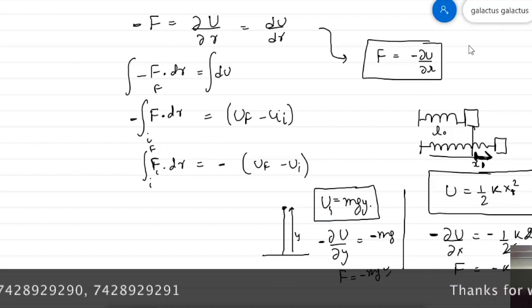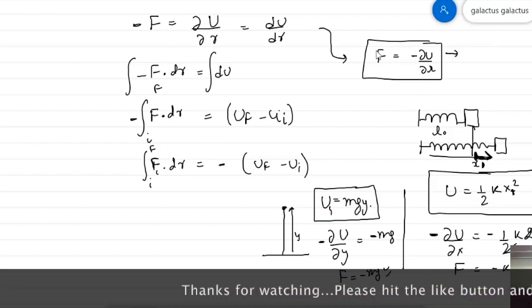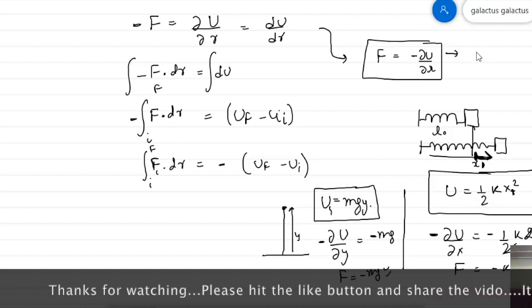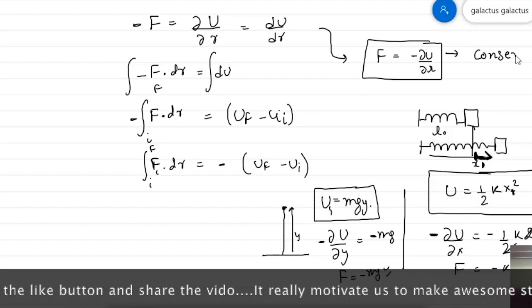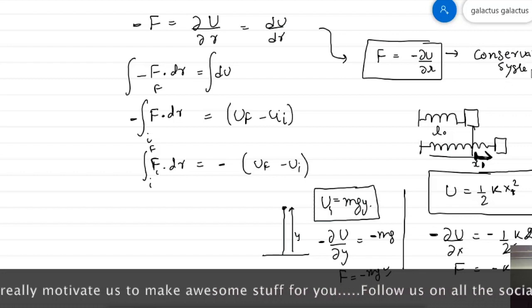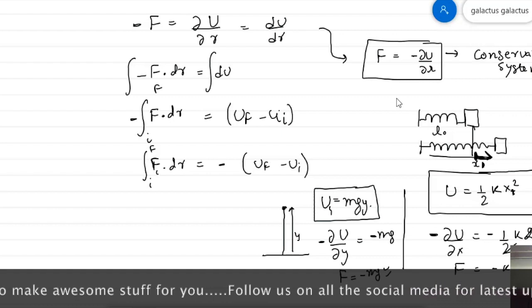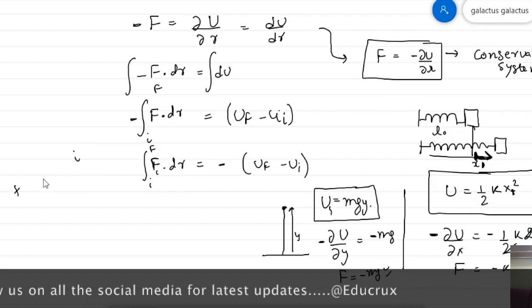So you have to just remember that this formula, F is equal to minus dU by dr, is only valid for a conservative system, and the system is said to be conservative if the work done only depends on the final and the initial point.